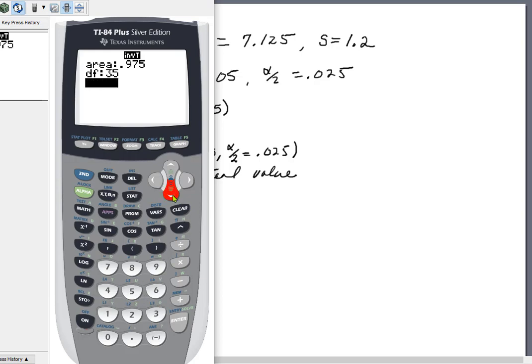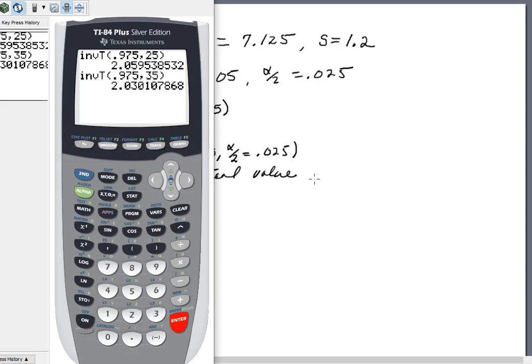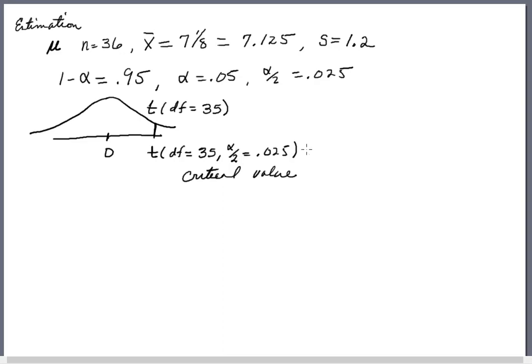And we will enter that, and we'll paste that result into our work area. You can see it. We'll hit enter again, and it calculates 2.03. So that critical value is equal to 2.03.